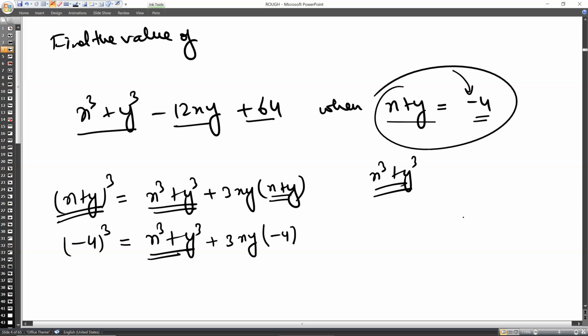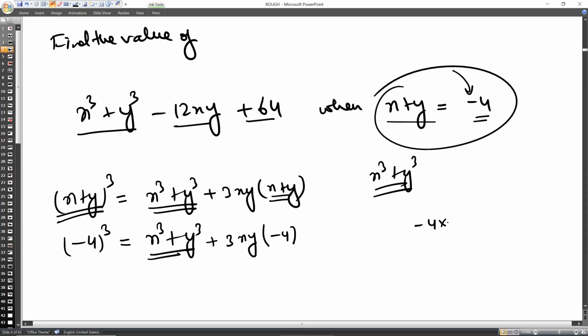Got it? Then you have to multiply this. What is the cube of minus 4? Tell me, Rima, will it be positive 64 or minus 64? Minus 64. Yes, because when we have a negative number and its power is an odd number, the answer will be negative.